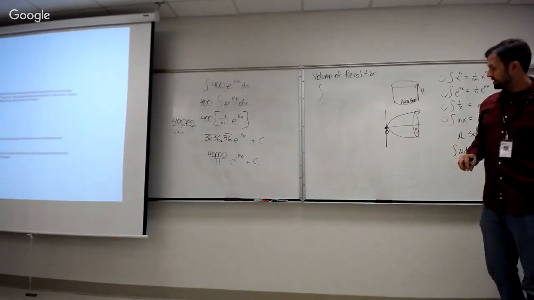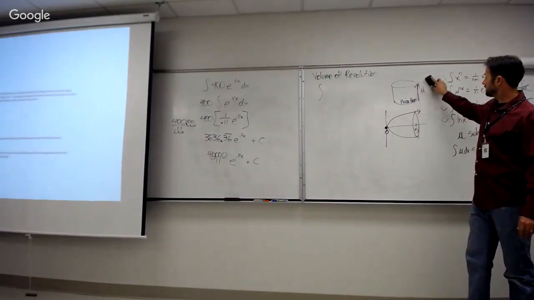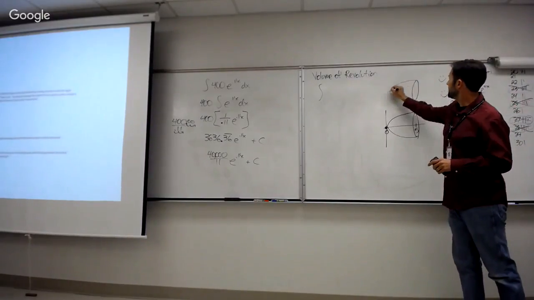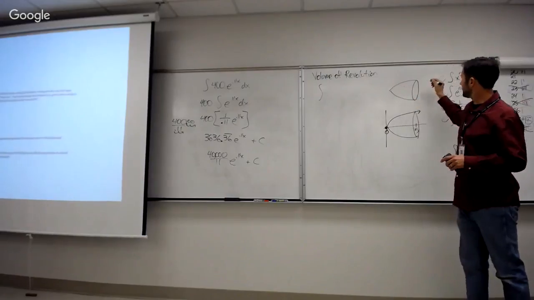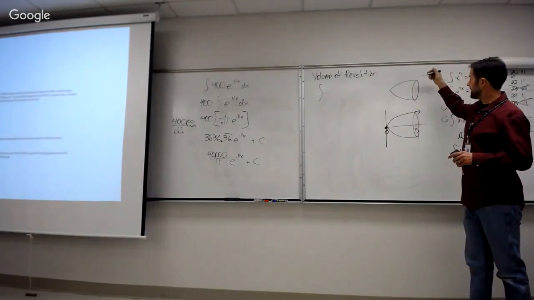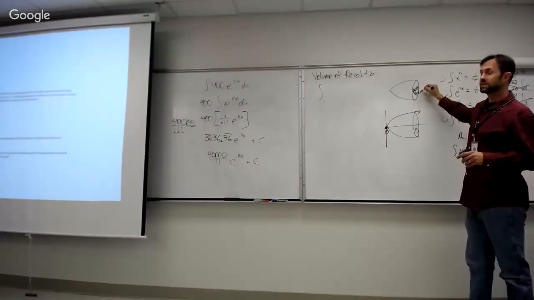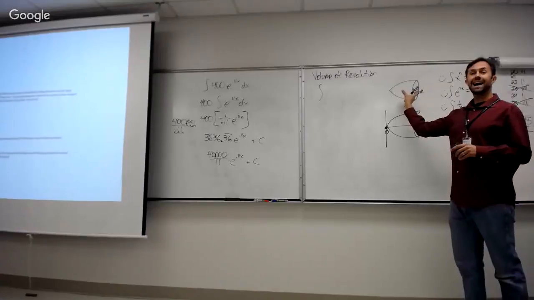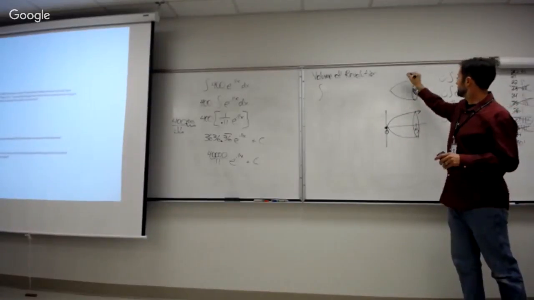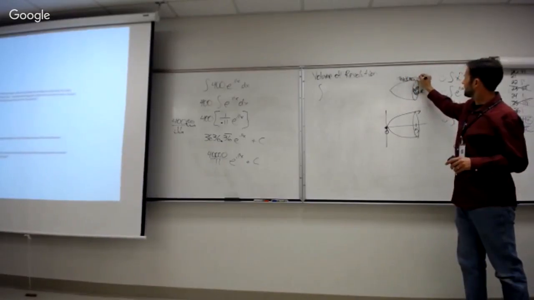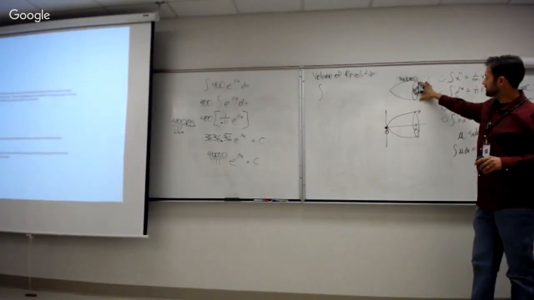So we're essentially turning my cylinder sideways, and we're looking at a cylinder that narrows down to a point. But the basic volume of a cylinder is still the area of the base, which is the cross section, times the height, which is really the thickness. So we're looking at the area of a cross section times the thickness.